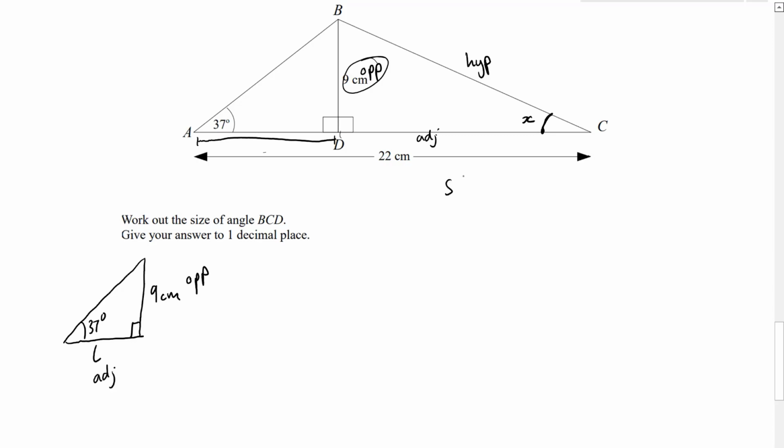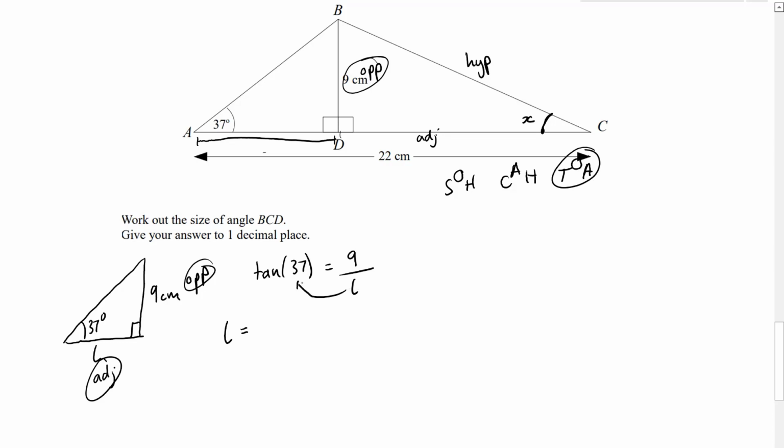So if we look at SOHCAHTOA again, if we have opposite and adjacent, we have tan. So tan of 37 would be equal to the opposite, which is 9, divided by the length L. So L, when we rearrange, we want to take L up to here, but then take the tan 37 down to here. So we're essentially just swapping L and tan 37. So that's going to be 9 over tan of 37.